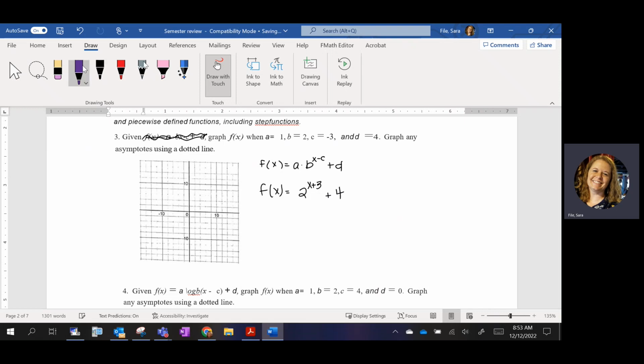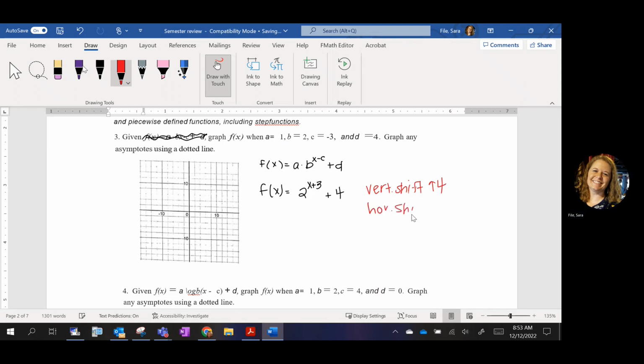So I'm going to list the transformations first. The d being plus 4, we just got through saying that's a vertical shift. And that's going to be up 4. We said that the c value inside is a horizontal shift. And it's going to be the opposite direction of what you would think.